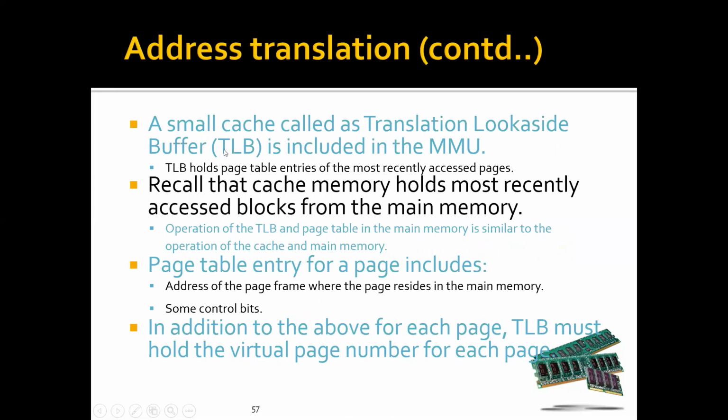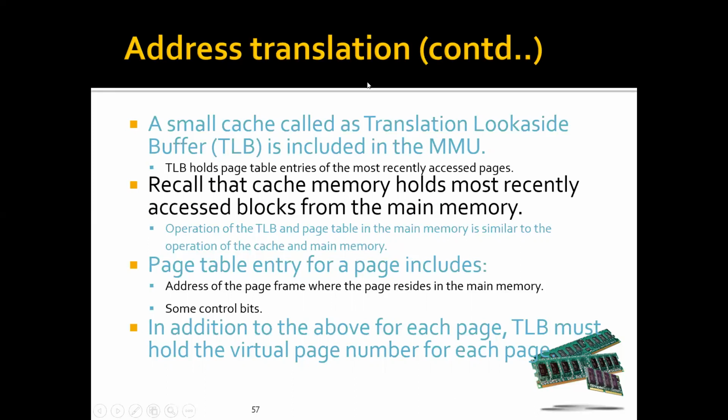The TLB is a small cache which stores the frequently accessed page information. Unlike the PMT, it doesn't only hold the frame number, it stores the page number, frame number, and the control bits.